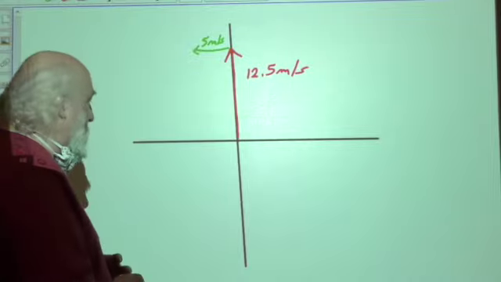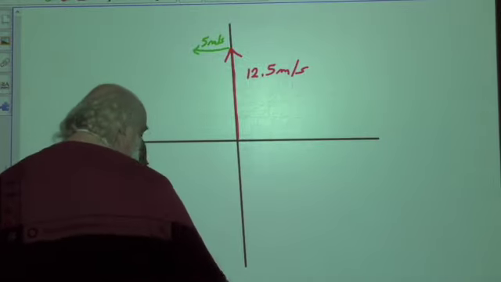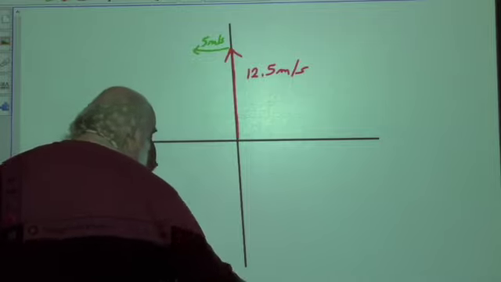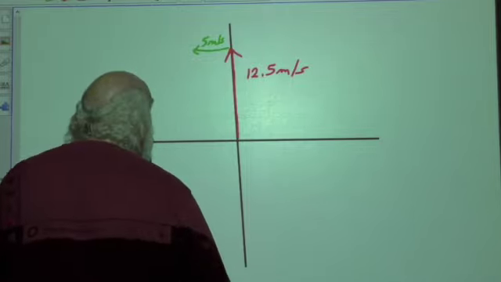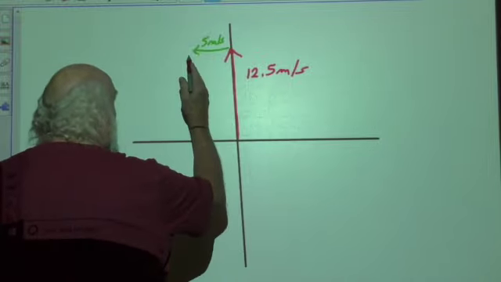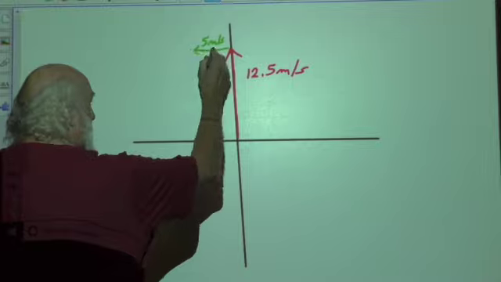The direction is what's going to be the challenge here. So what we're going to do with this is to extend the vectors opposite the other end of this vector.